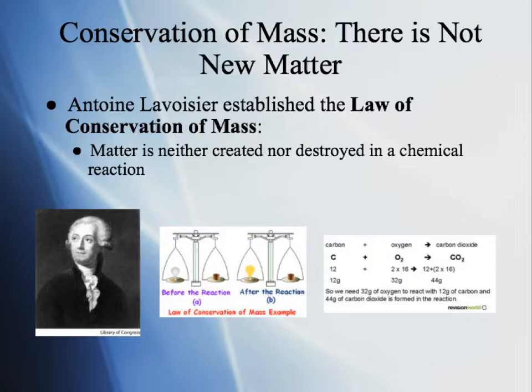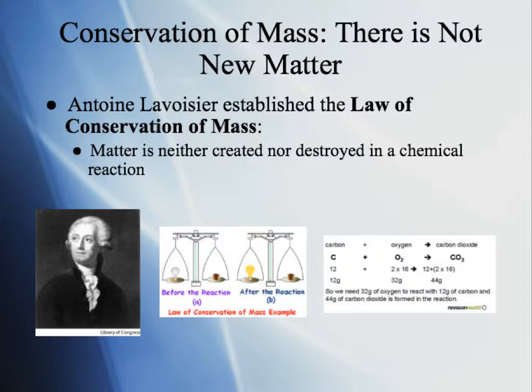Or if we take a look at a chemical reaction and we react carbon and oxygen gas together to make carbon dioxide, however much carbon and oxygen we started with is the exact amount of carbon dioxide that we have to end with. So that's what we call the law of conservation of mass.